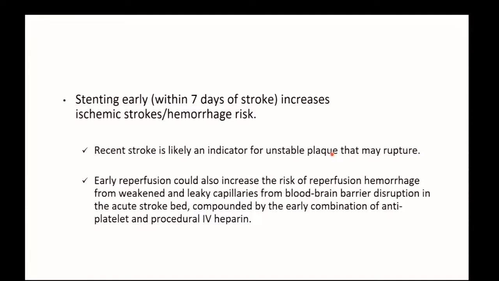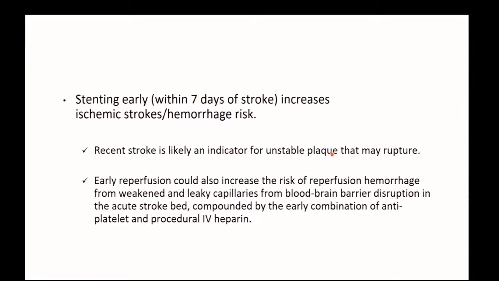We learned early again that stenting early, within 7 days, increased the ischemic stroke risk and the hemorrhagic risk. And if you think about it, it is very reasonable. A recent stroke is an indicator for unstable plaque that may rupture. You have unstable plaque and you go in with a wire and a balloon, and then you exchange wire, and then you deploy a stent. So you're inflicting more intimal injury.